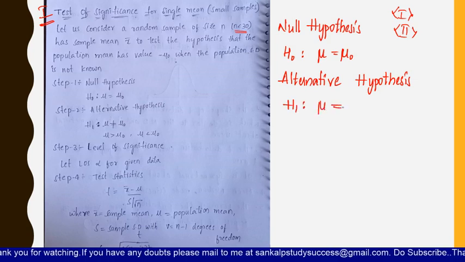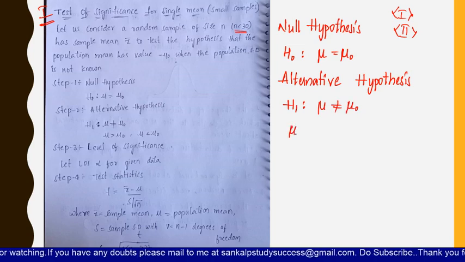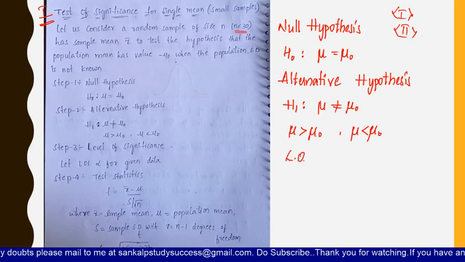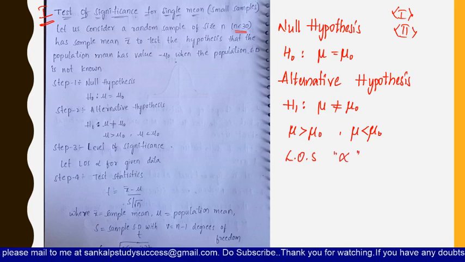So like this, the alternative hypothesis is defined. Coming to the third step, it is the level of significance, which is denoted by alpha. The alpha value will be given in the question itself, so from that you can take the level of significance.